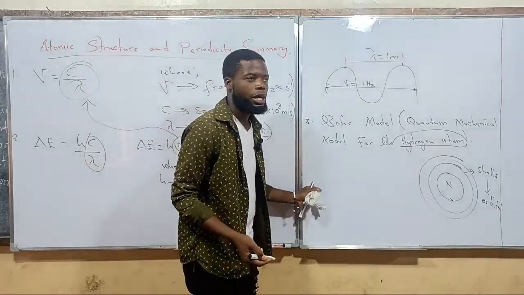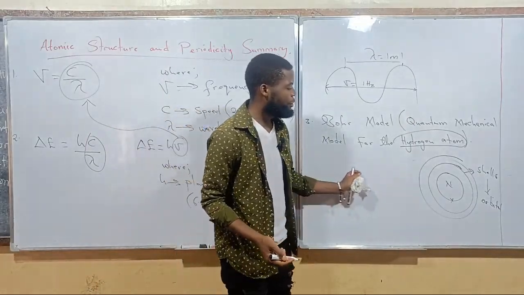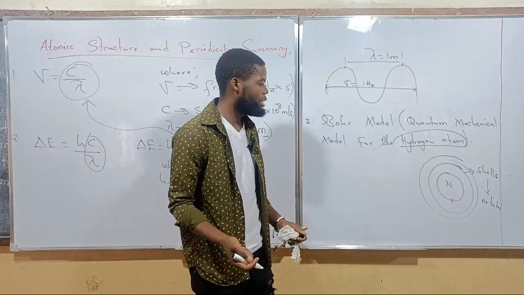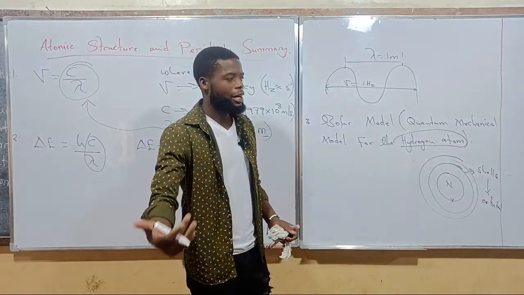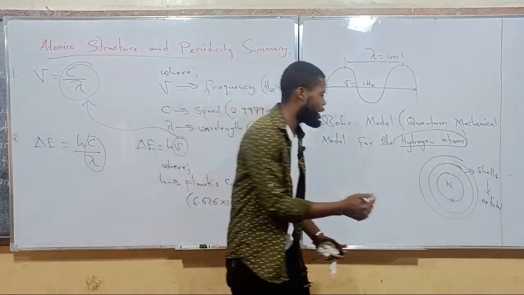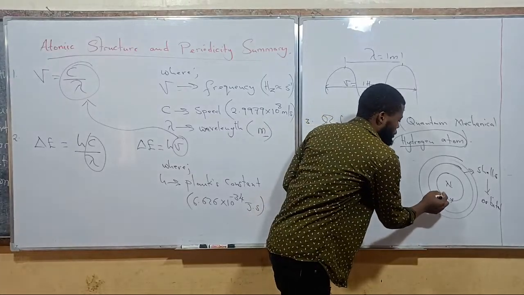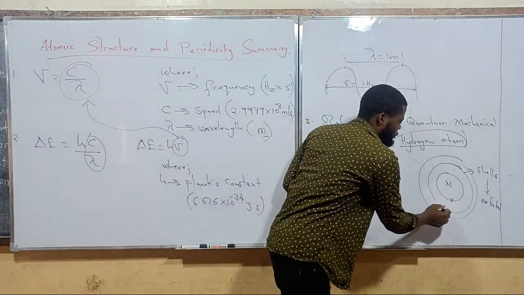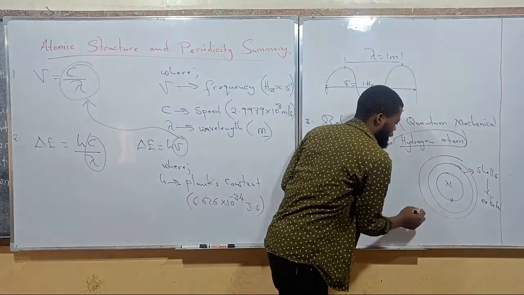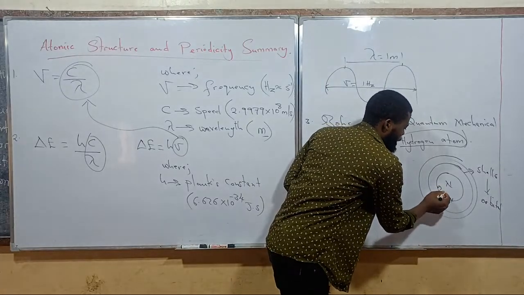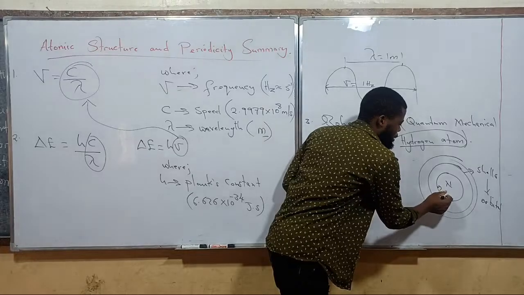Now, he devised a formula to calculate the energy that is gained or lost by an electron as it moves from one energy level to the next. These energy levels are denoted by n.